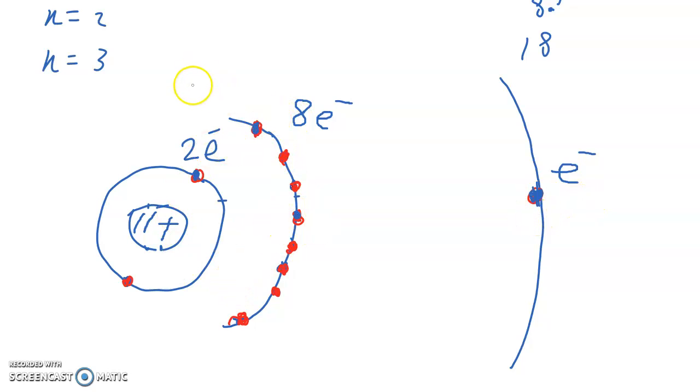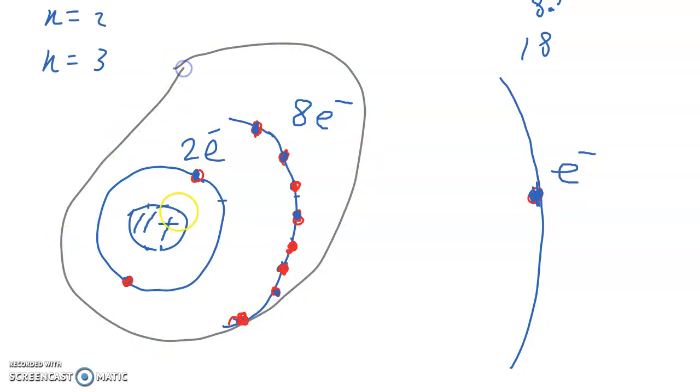If we draw an imaginary line like this, the net charge within this area is just positive 1, because there are 11 positive and 10 negative. So this electron feels only one positive pulling it in. The net charge inside this circle is one positive. And this is called the shielding effect.